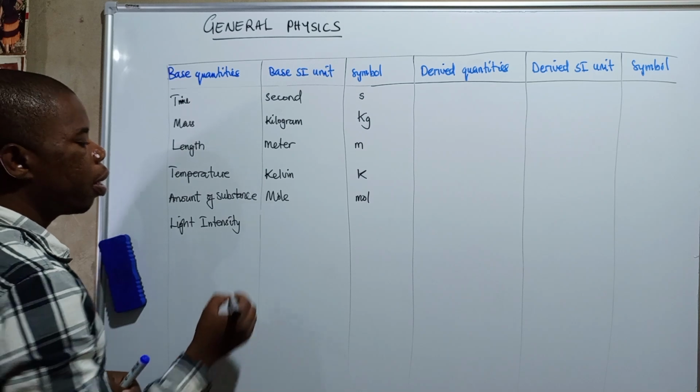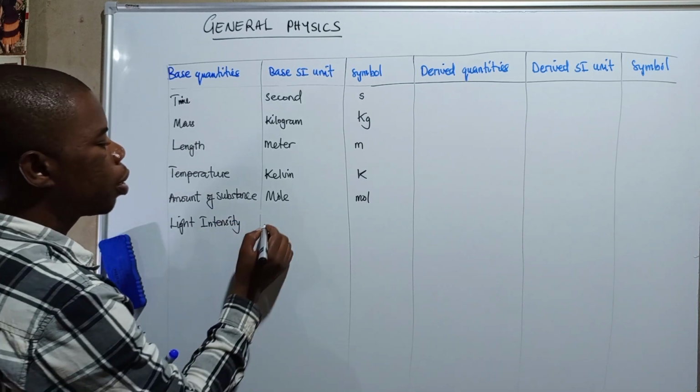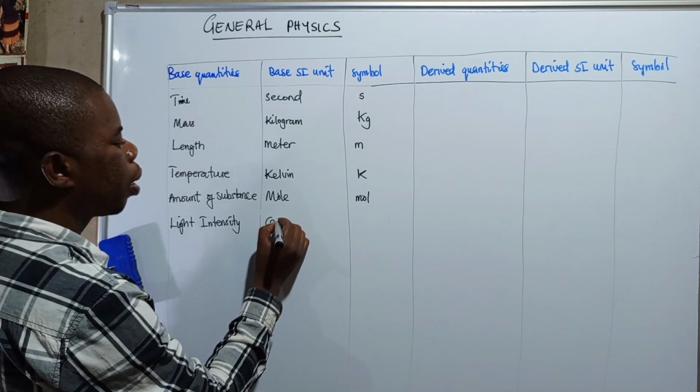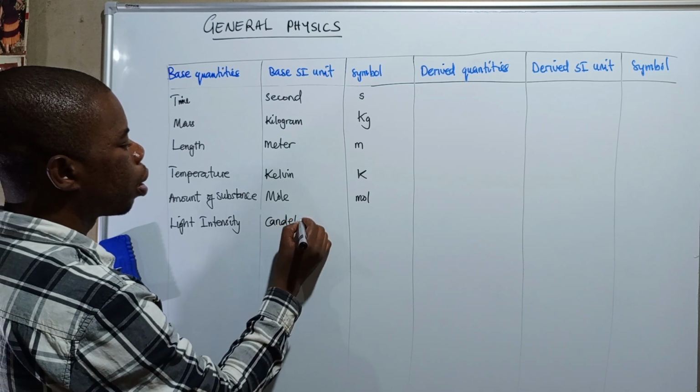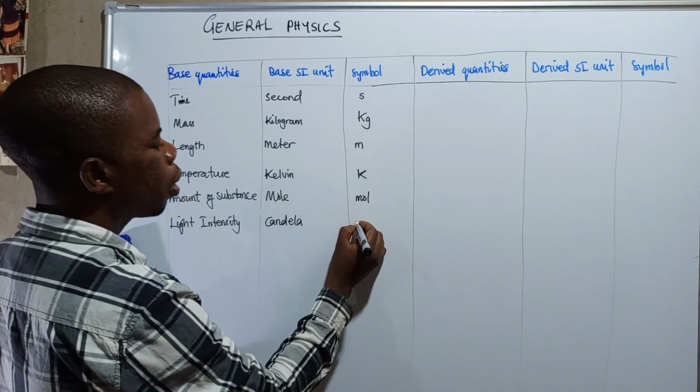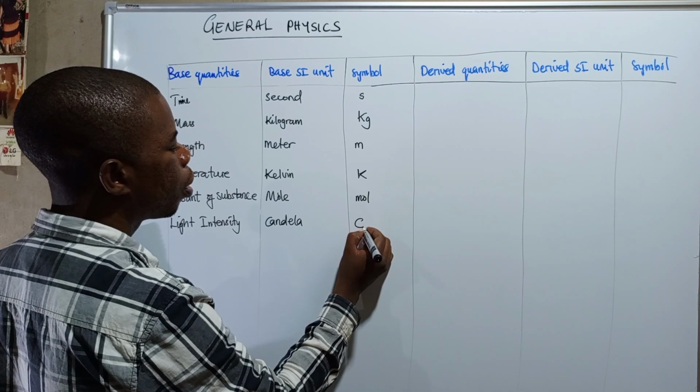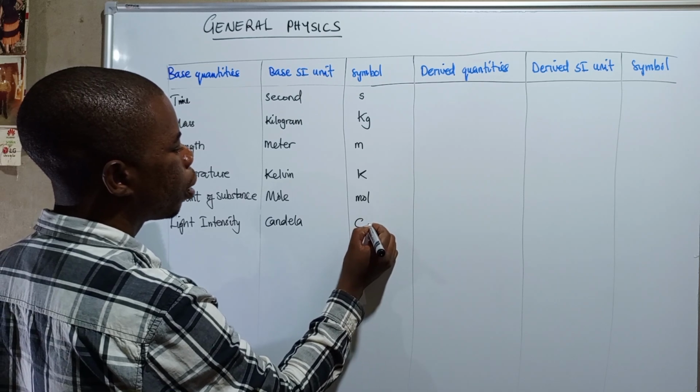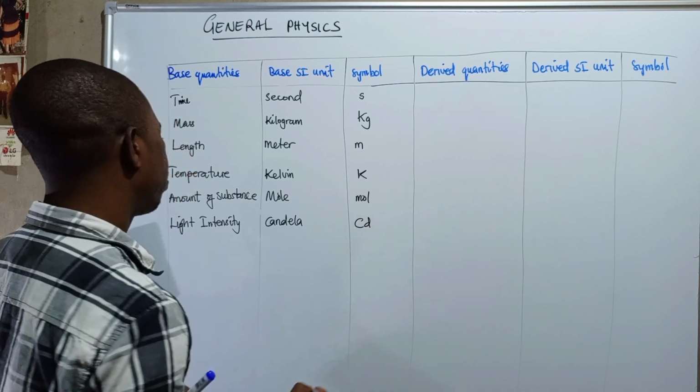The unit for measuring light intensity is what we call candela, and the SI symbol is capital C and small letter d.